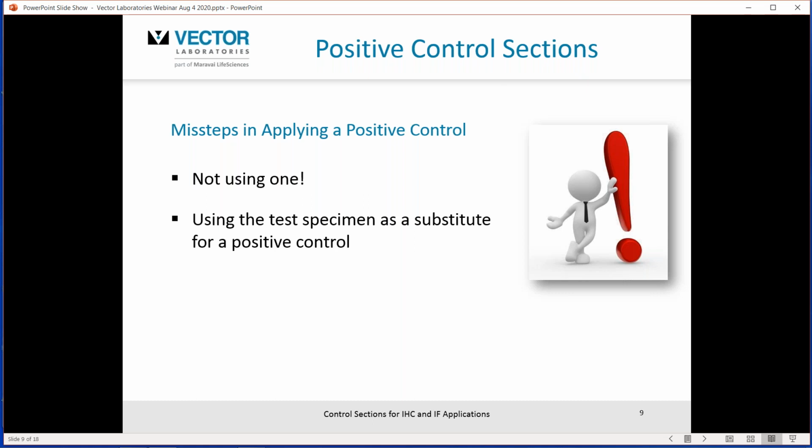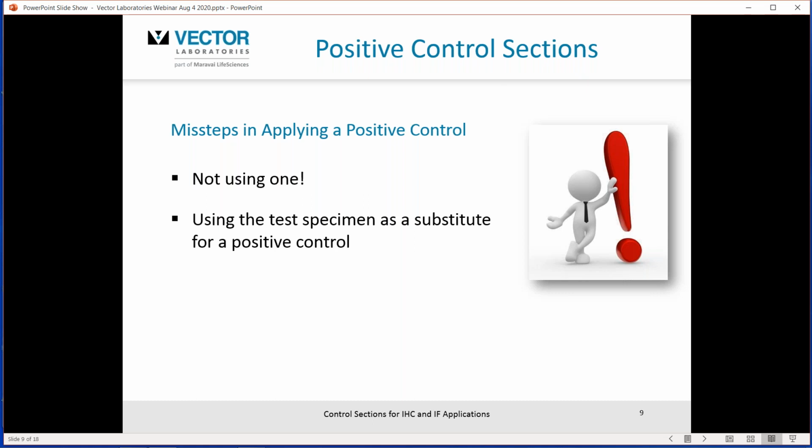If they'd worked it up on a positive control, maybe they'd see some really neat staining in a population of cells or whatever it may be that's not seen in their test specimen. Unfortunately, they're not getting the full bang for their buck, so to speak, in that test specimen, particularly if they aren't seeing the novel staining that they would have seen if they'd run an appropriate control.